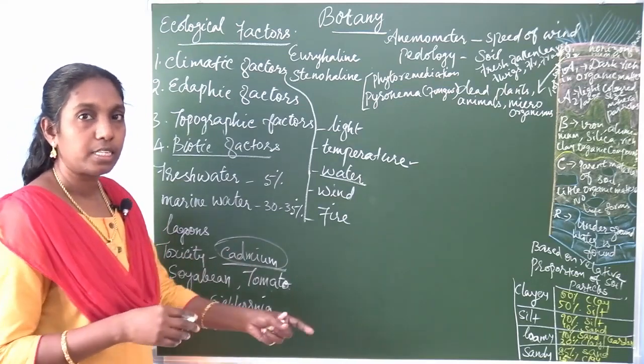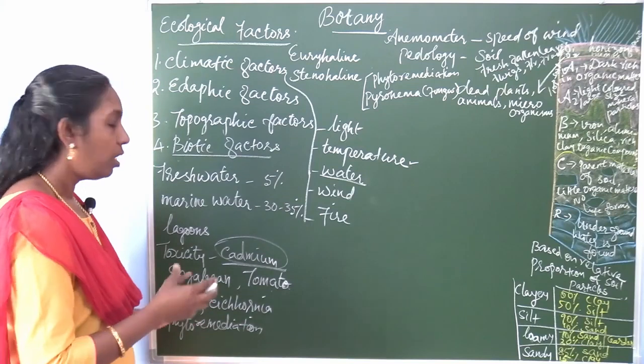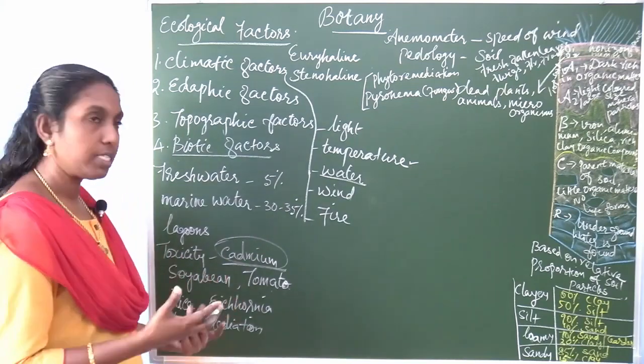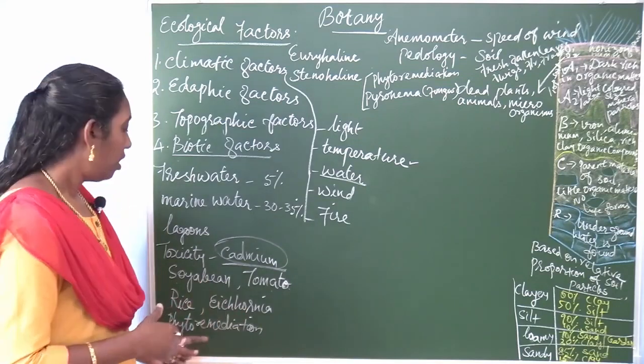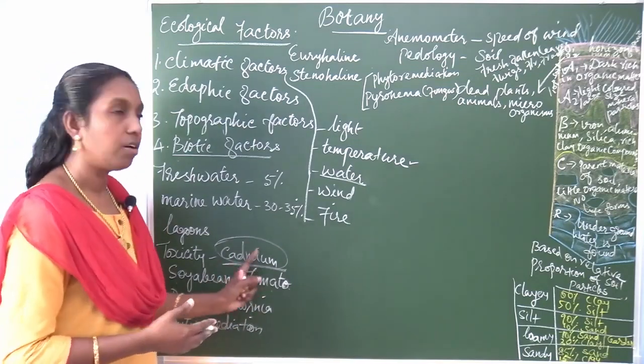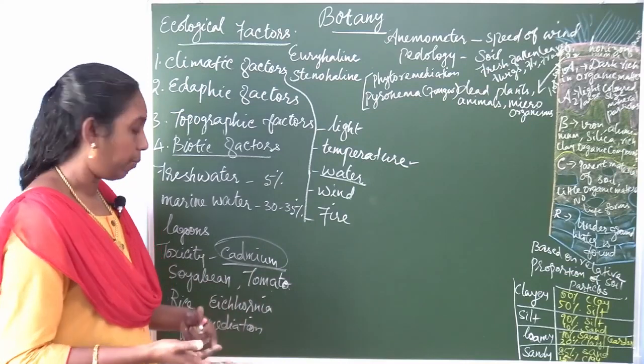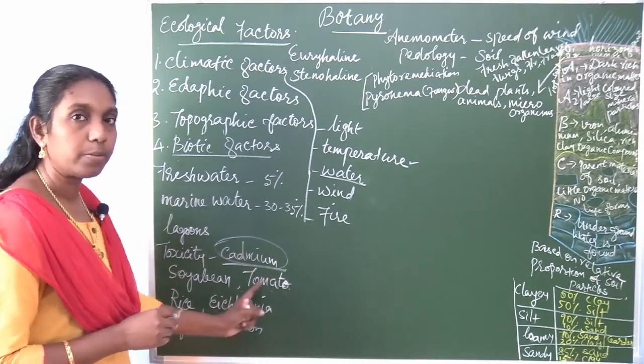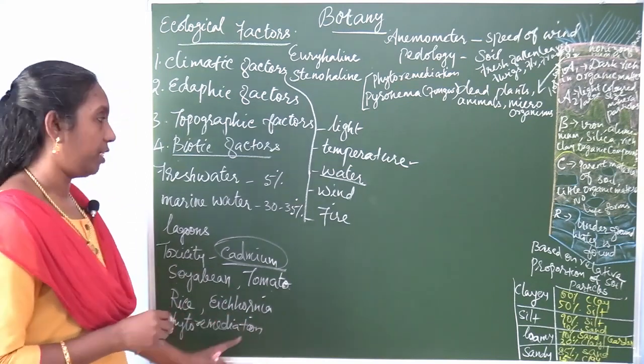When cadmium is present in the soil, these plants are used to remedy the soil, so they are called phytoremediation. Phyto means plants. It remedies the toxicity of the soil. Phytoremediation is an important question: what is phytoremediation and which plants are used for phytoremediation?